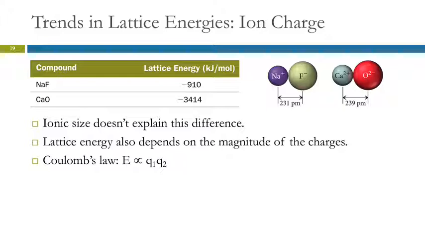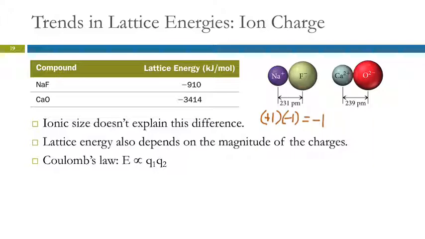Why? It has to do with the charges. Coulomb's law says that the energy is proportional to the charge on one times the charge on the other. So sodium is +1 and fluoride is -1. So here we have Q1 times Q2 is +1 times -1, and so that equals -1.